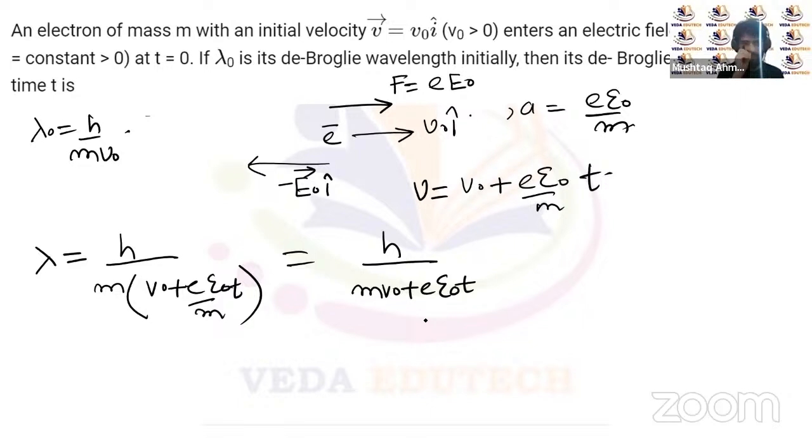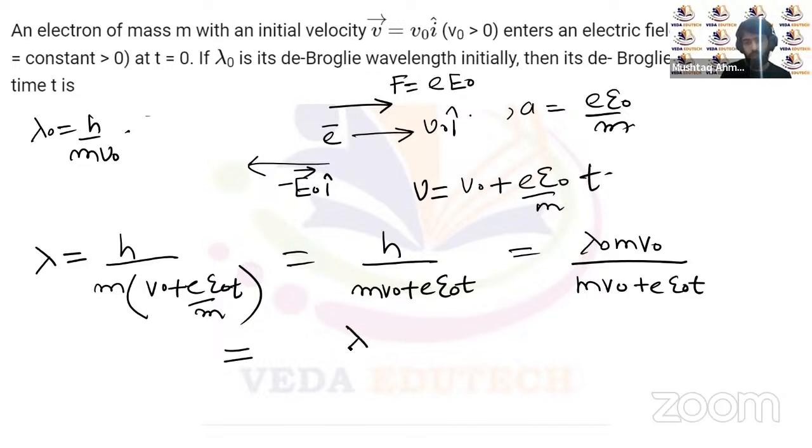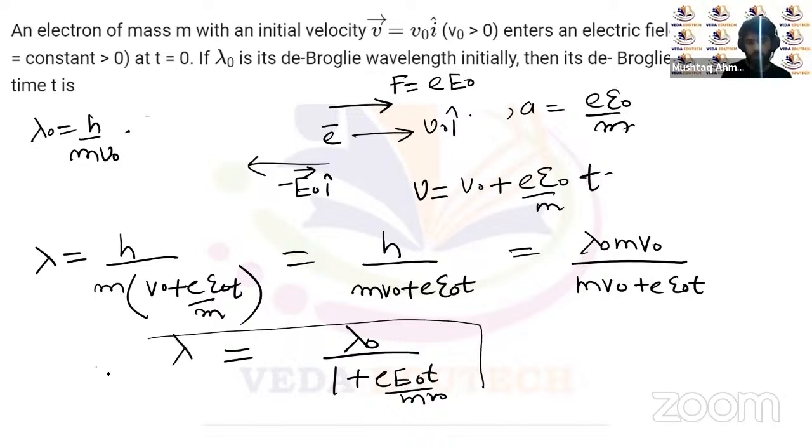We can replace the value of h here with lambda naught m v naught. It will be lambda naught m v naught divided by m v naught plus e E naught t, or equal to lambda naught upon 1 plus e E naught t upon m v naught. So this will be the de Broglie wavelength at some later time t.